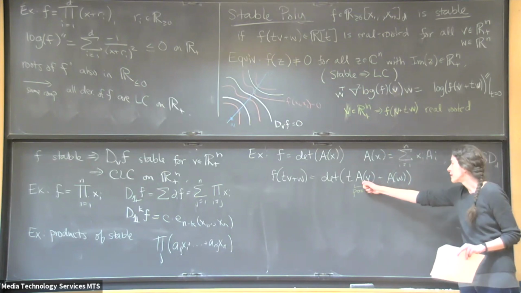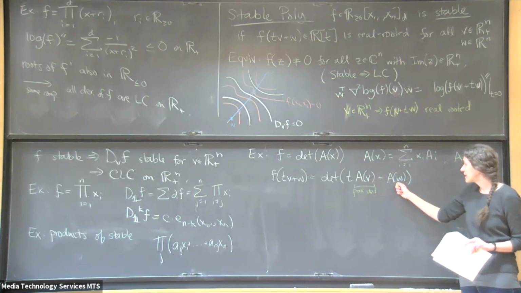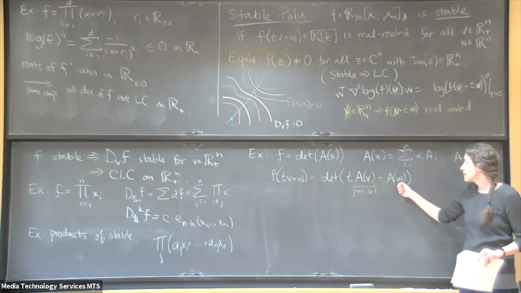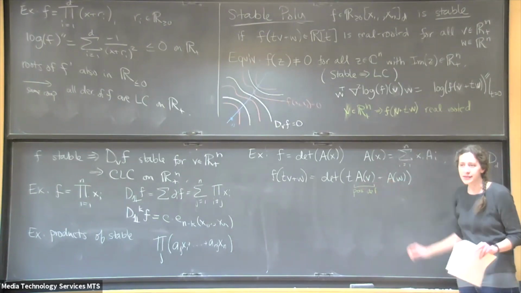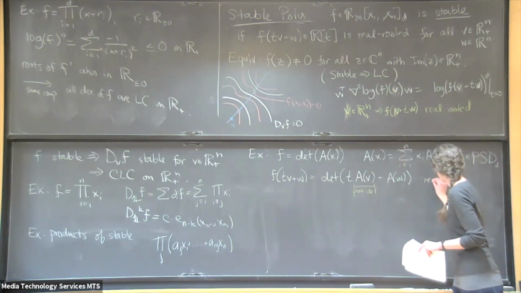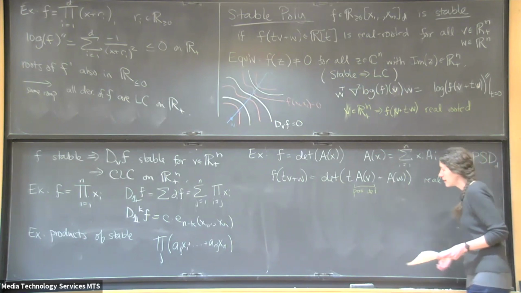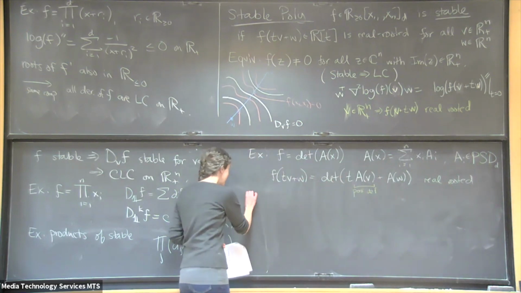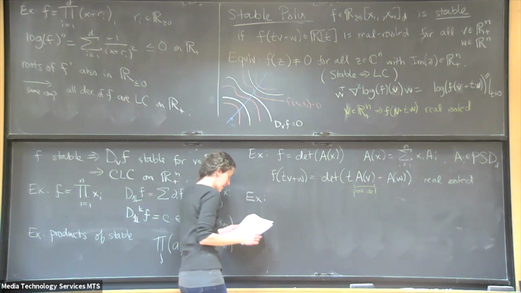If this was straight up the identity matrix, then this is taking the negative of the eigenvalues of this matrix, all of which are real. And it turns out we can replace the identity matrix with any positive definite matrix. An important sub-example of this is polynomials coming from graphs.